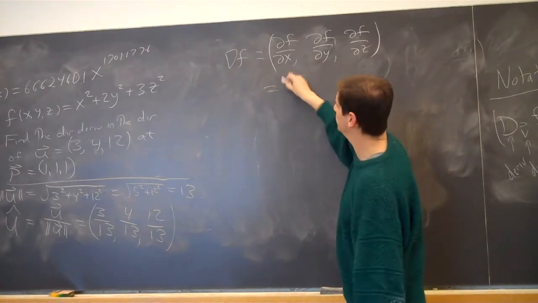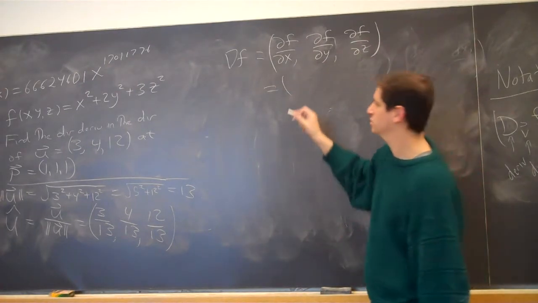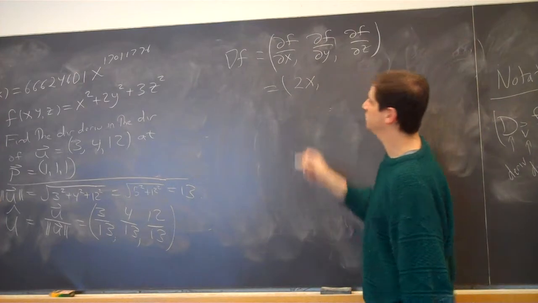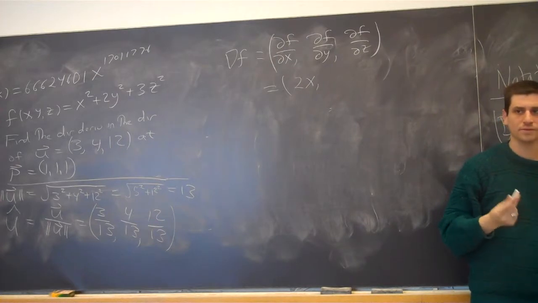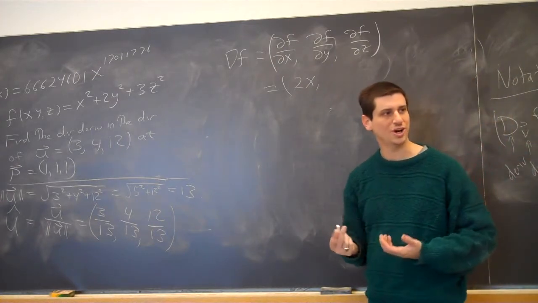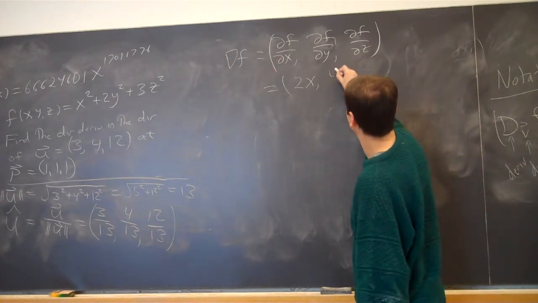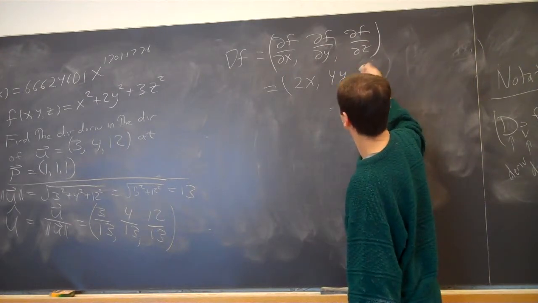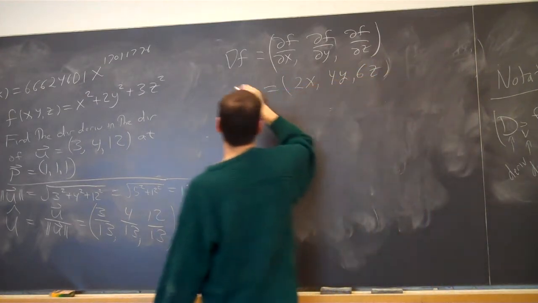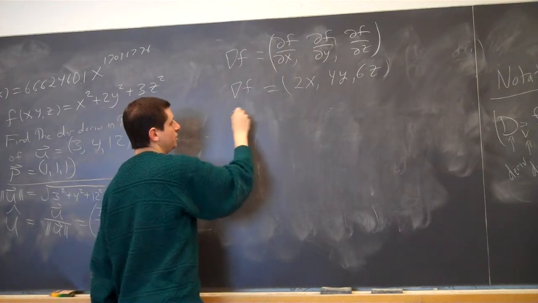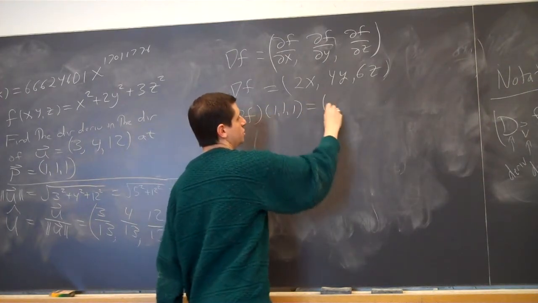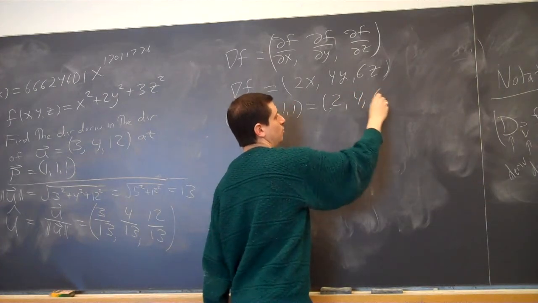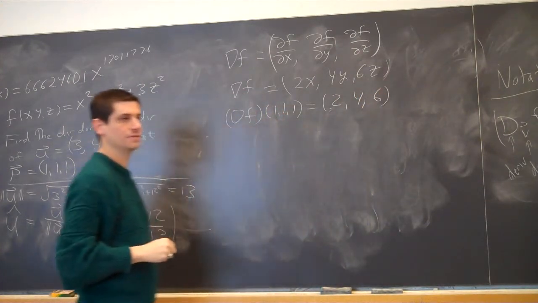The derivative of f with respect to x is just going to be 2x. With respect to y, 4y, and with respect to z, 6z. And so the gradient of f at the point 1, 1, 1 would just be 2, 4, 6.